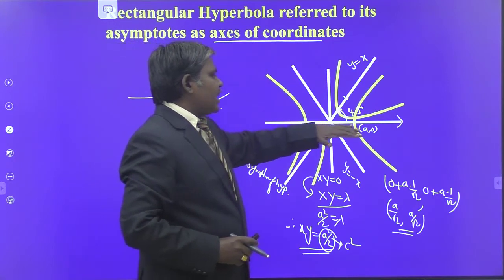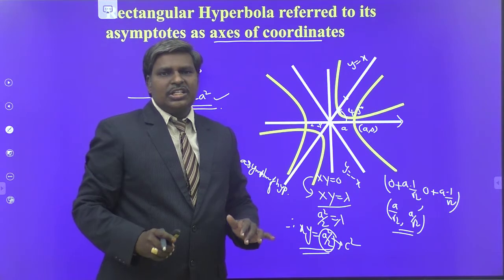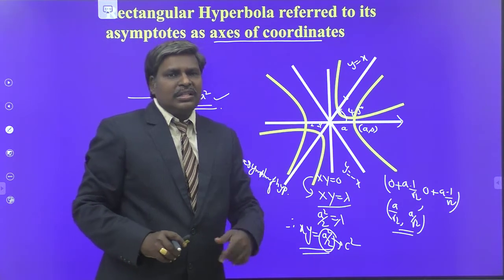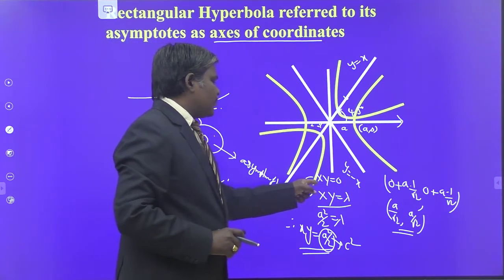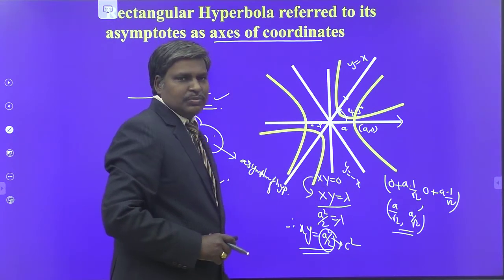So when you rotate the axis through an angle of 45 degrees, your coordinate axes coincide with the asymptotes of the hyperbola. That means the new equation is of the form XY equal to 0. This is the combined equation of the asymptotes.